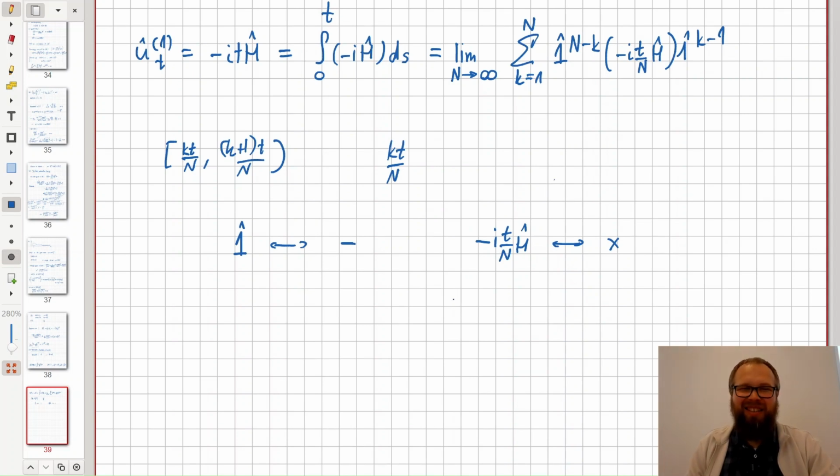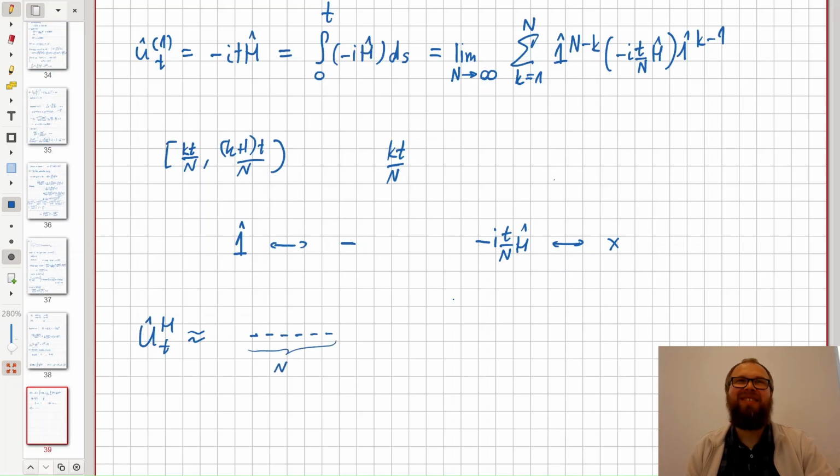So we'd have zero order. We could start writing our t approximately. Zero order would be one identity, so we would have dashes, some number of times, n times. Okay, let's fix some n. We don't have to go to infinity.